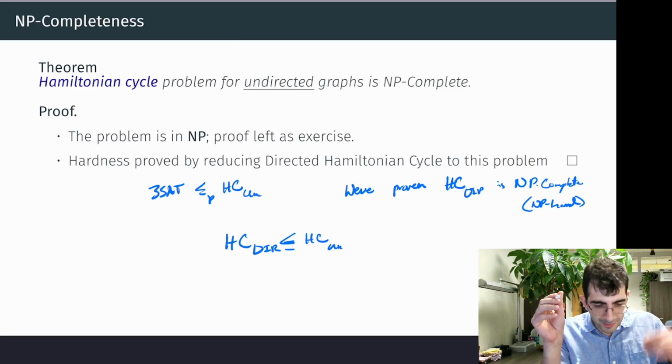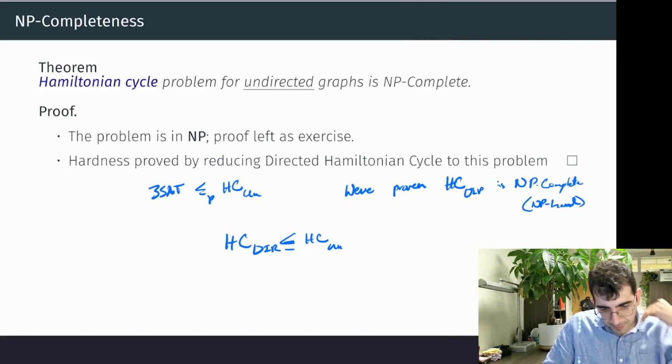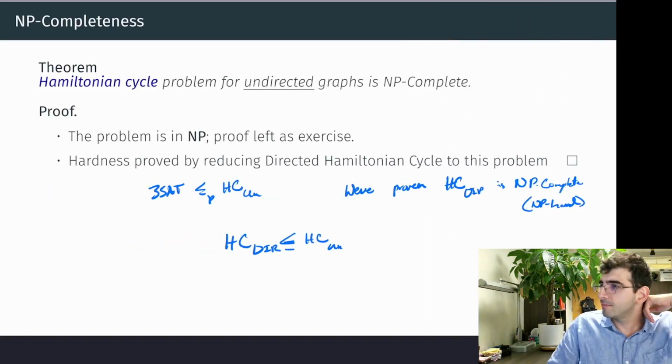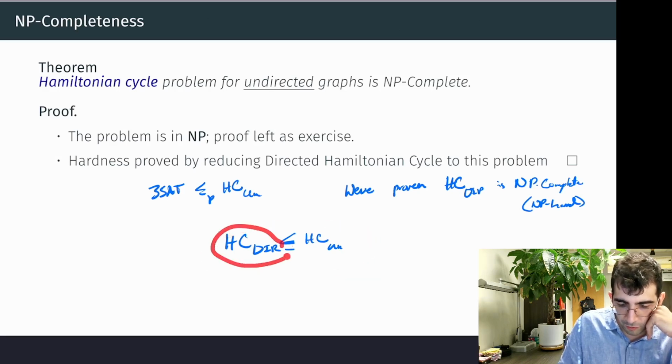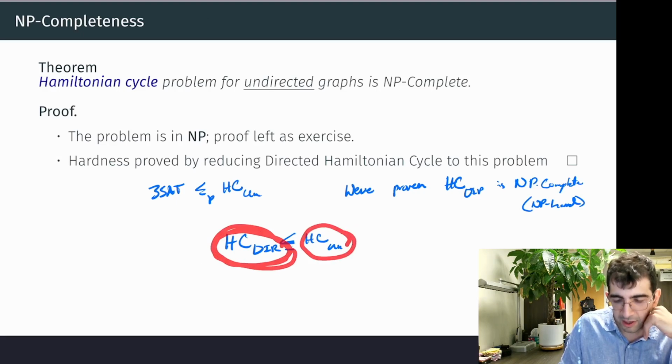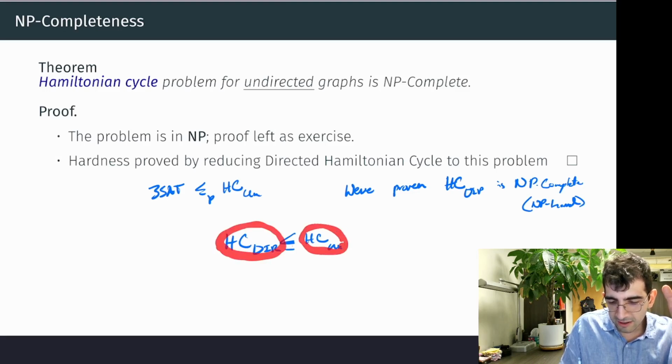All right. So, what do we do in that case? Well, all we need to do for this is to somehow transform the directed edges into undirected edges, so that if there's a cycle in the directed version, then there's a cycle in the undirected version.